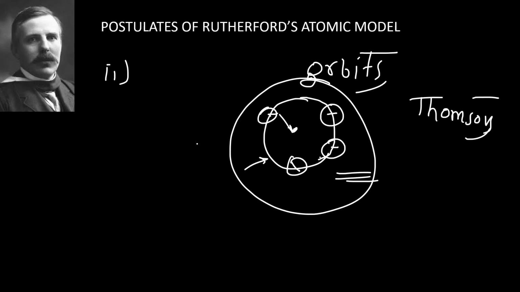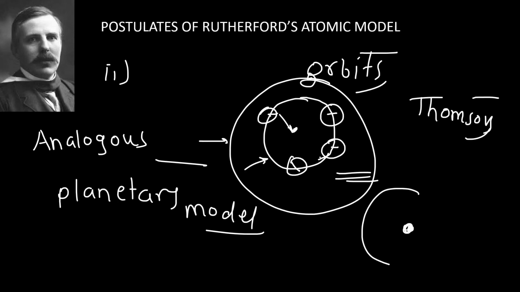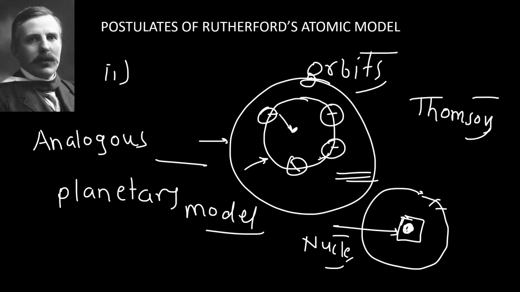If we observe this model, it is analogous to our planetary model. That's why this is also called the planetary model of Rutherford. In our solar system, the Sun is centrally placed and the other planets revolve around it. The Sun is analogous to the nucleus, and all the other planets are like electrons revolving around it.